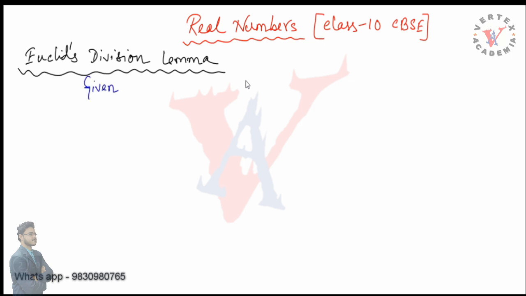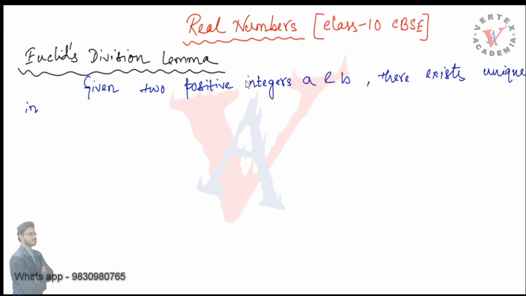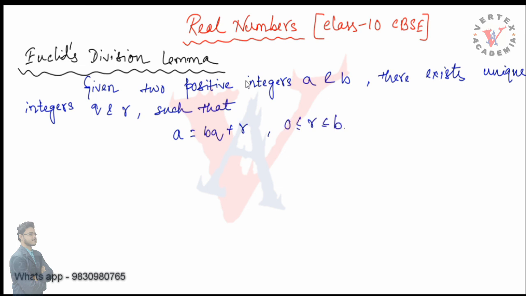Given two positive integers a and b, there exist unique integers q and r such that a equals bq plus r, where 0 is less than or equal to r, less than b.